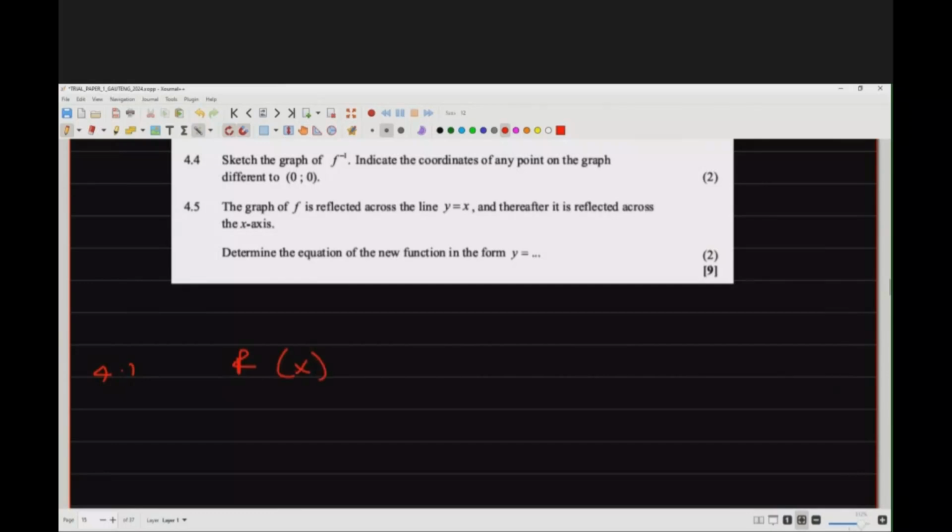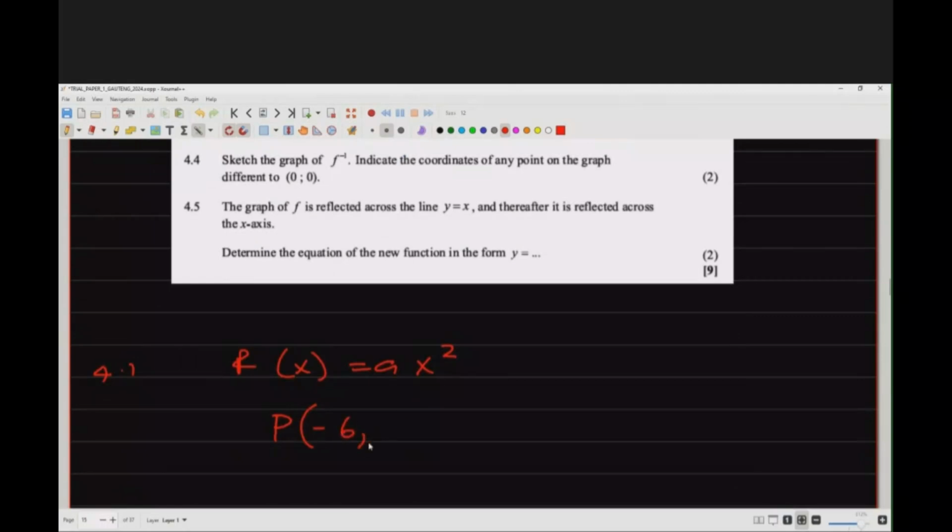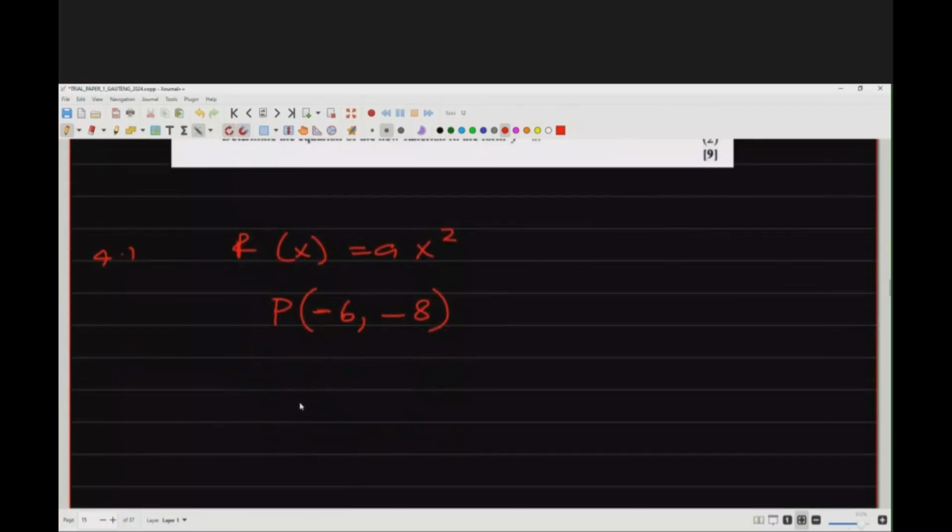f of x is equal to ax squared, and the point which lies on the graph is (-6; -8). In the place of x, we'll sub in -6, and in the place of f, we'll sub in -8. So we're looking at f of -6, which is equal to a times (-6) all squared, which is equal to -8.